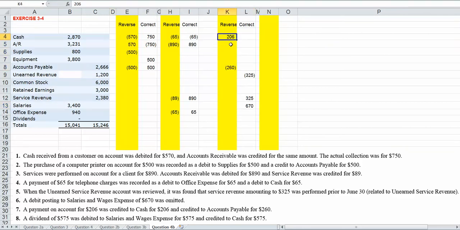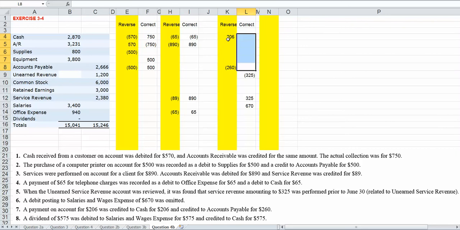Let's put 206 back into cash, and let's go ahead and reduce our accounts payable by 260, because recall we had credited it, which increased accounts payable by 260. So to reverse that, we want to decrease accounts payable by 260. Now we'll record the correct entry, which was a $206 decrease to cash and a $206 decrease to accounts payable.